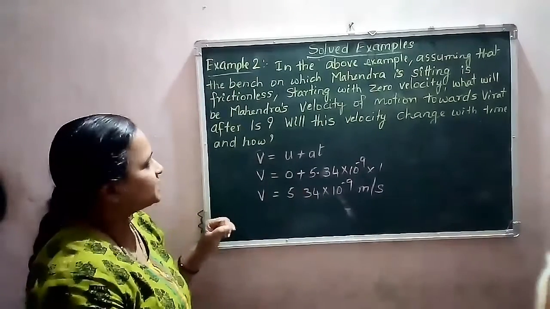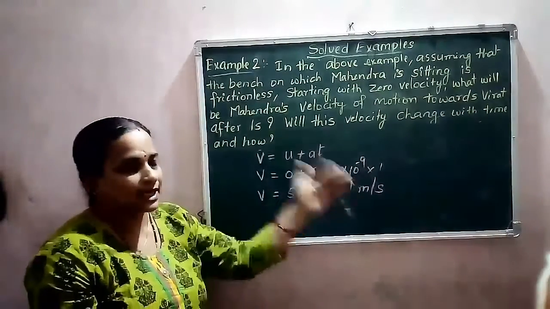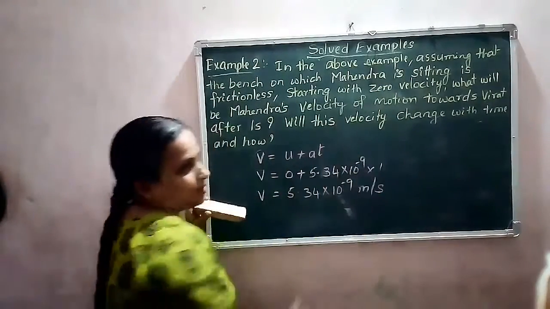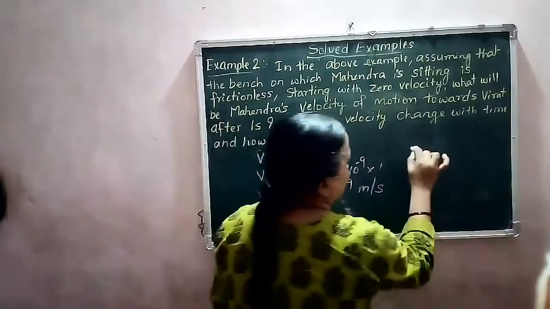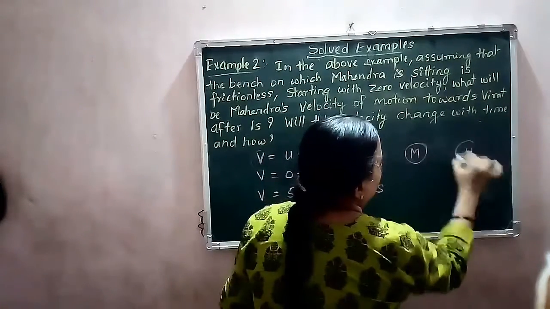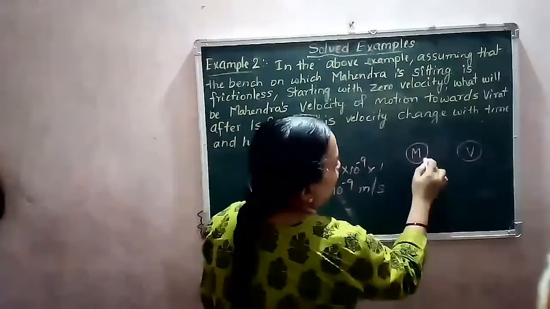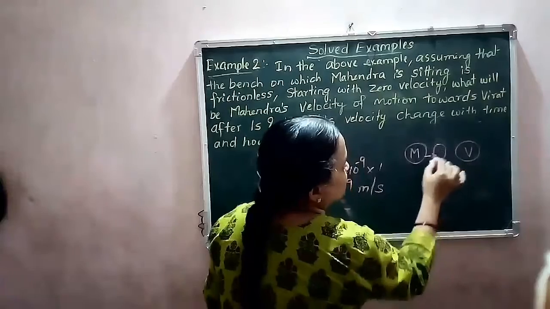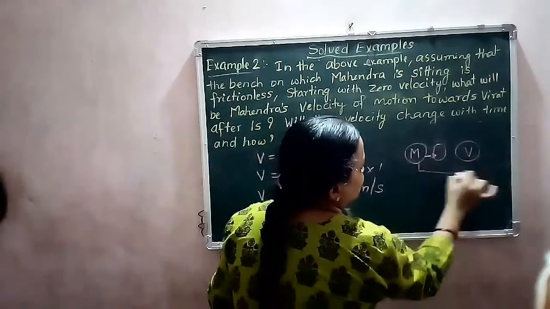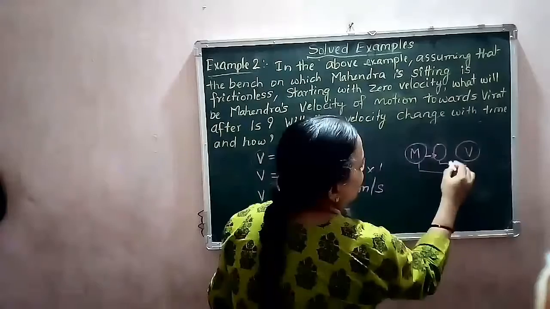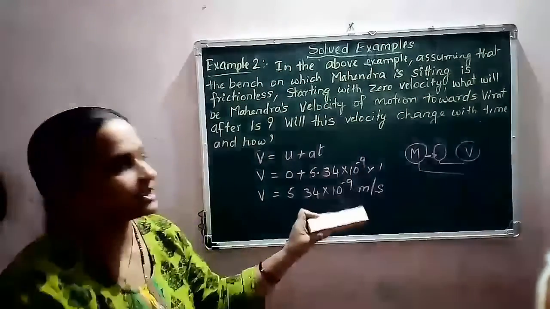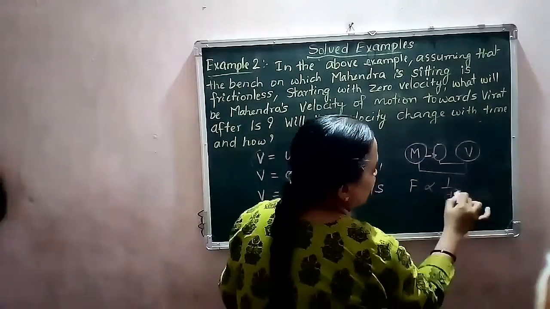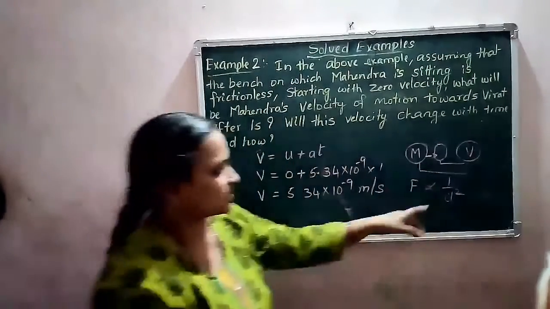Will this velocity change with time? As time increases, Mahendra is moving towards Virat. If this is Mahendra, this is Virat. As time increases, Mahendra is moving nearer to Virat, so the distance between them decreases. Whenever the distance decreases, the force increases, since force is inversely proportional to the distance between the two objects.